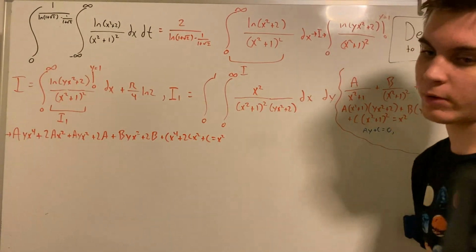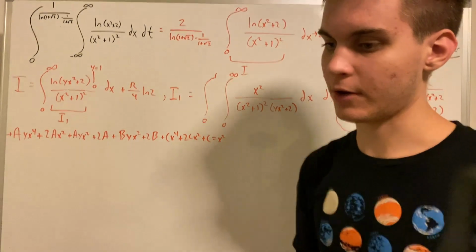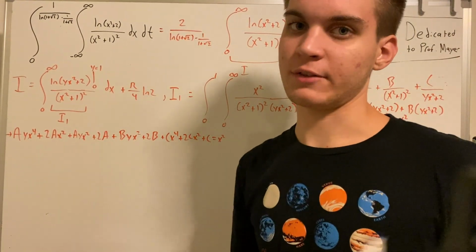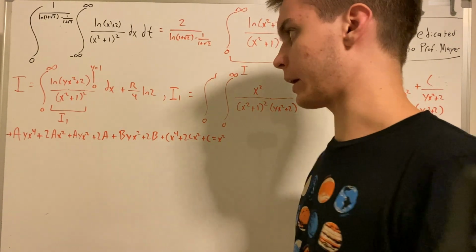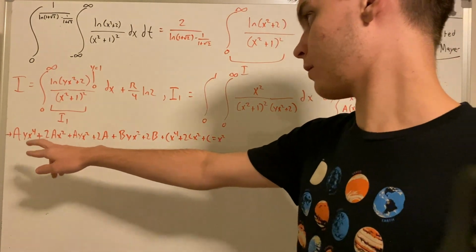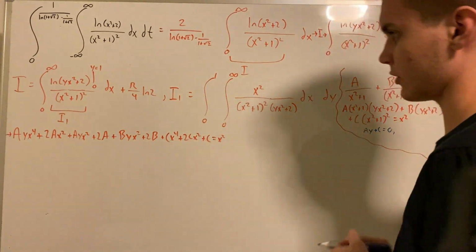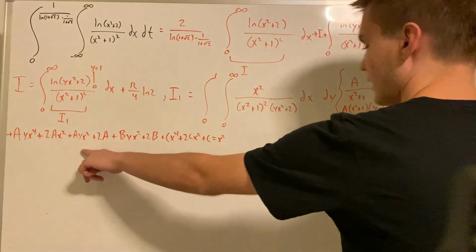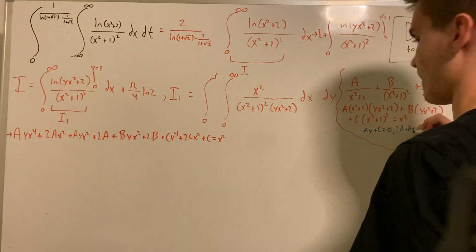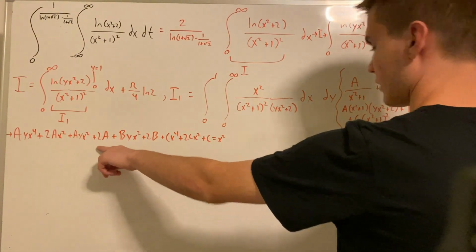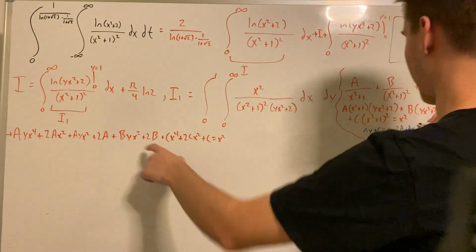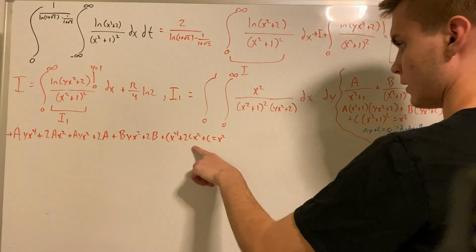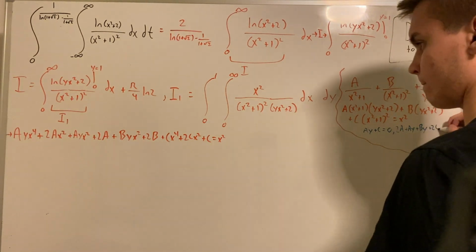Now, for x squared, we've got one copy of x squared in the numerator. So we have to sum the coefficients of x squared and set them equal to 1. There's actually a few terms. So we have 2A, then A y, then B y, then 2C.